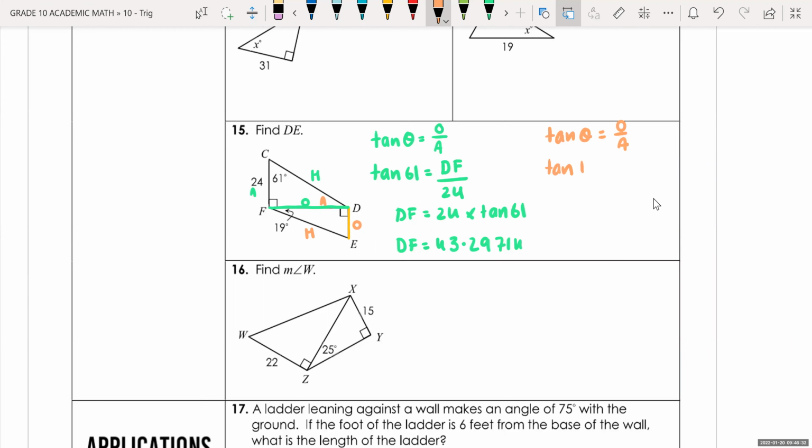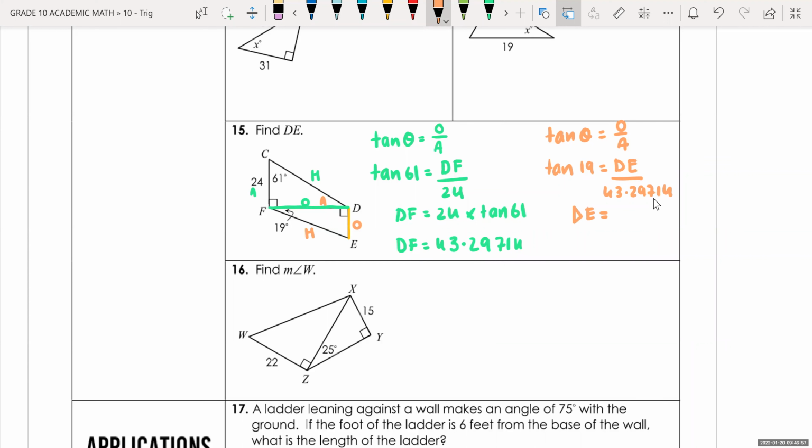And for this triangle, we know that theta is 19. We don't know what the opposite side length is, but it has the letters D and E. We know the adjacent side length. We just found it in the previous question, and it was 43.29714. So now to calculate what DE is, we're just going to multiply those two numbers.